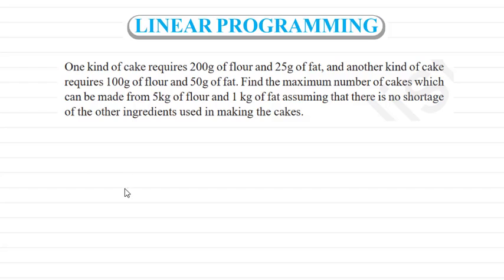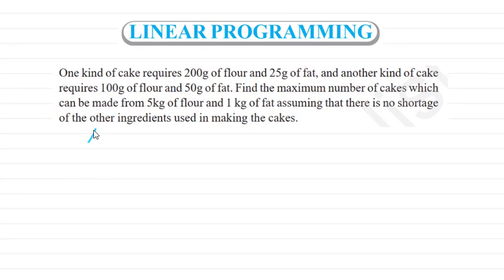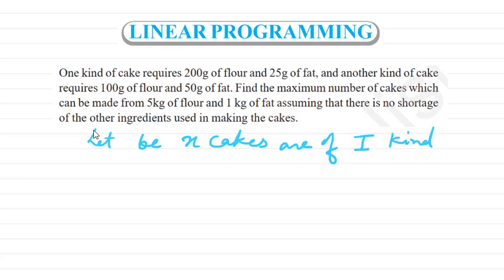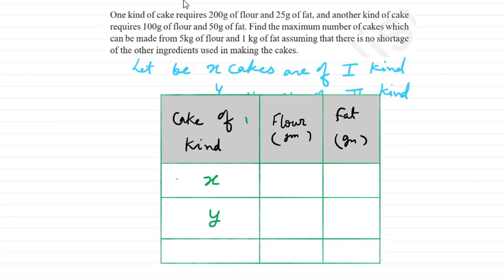So now, first here we'll let x cakes be of first kind. There are two kinds of cake, and y cakes are of second kind. Now we'll reduce this problem to equation form.